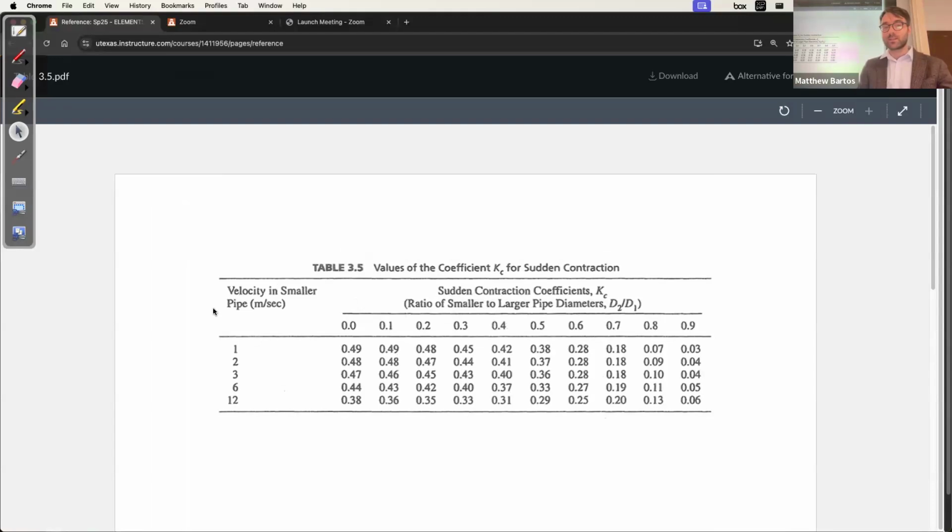And you can see they depend on both the velocity in the smaller pipe, as well as the ratio of pipe diameters, so d2 divided by d1. So you have to have access to both pieces of information, and they generally range from about 0.5 to about 0.03, 0.01-ish. So there's quite a range in contraction coefficients.